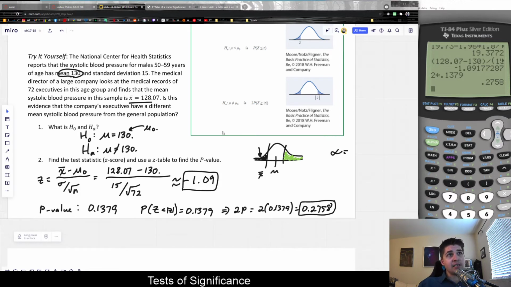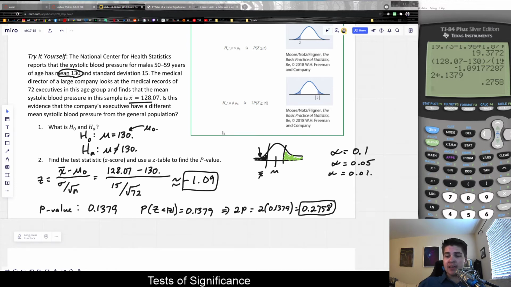In this particular example, we weren't given a significance level, but as I said in class, it's usually 0.1, 0.05, 0.01, something like that. Those are common levels of alpha that we see in real practice.